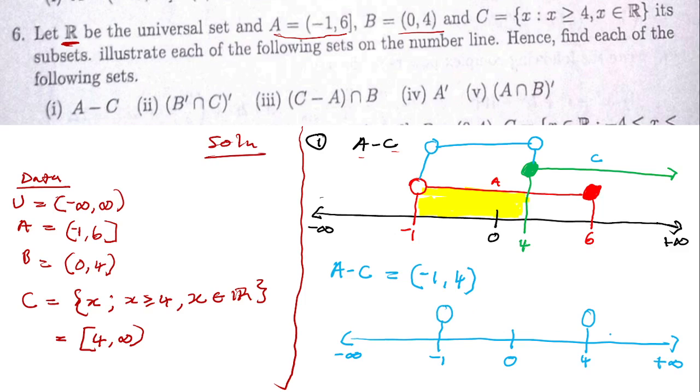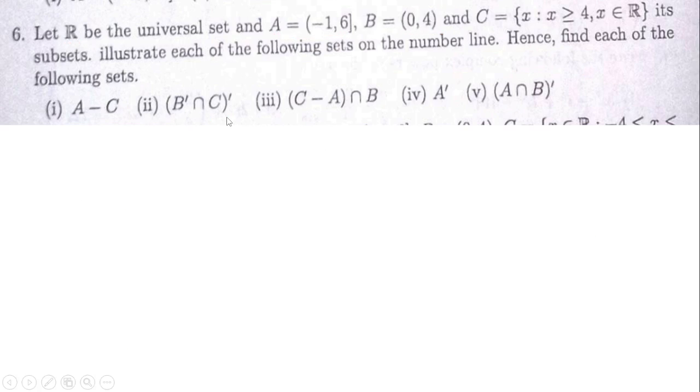Both are open like that, and then you just connect them. So this is A minus C. Then you are done. After you're done with that, we can go to 2. We can do 2. Question 2 is also very easy.